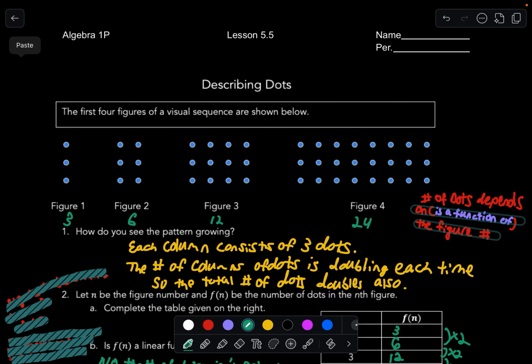The number of dots depends on, which means it is a function of, you notice it's in a different color, the figure number. All right? Also, the figure number determines the number of dots. If you know the figure number, you know how many dots are in there.